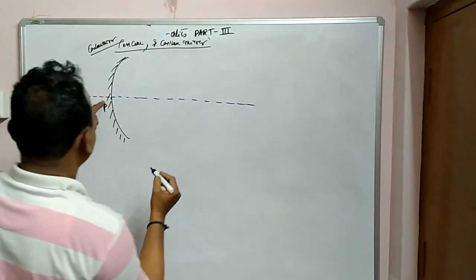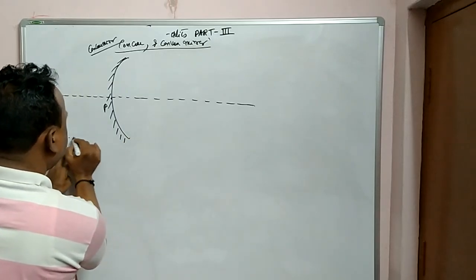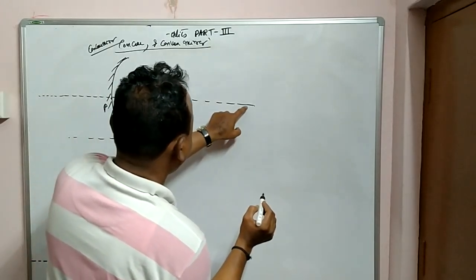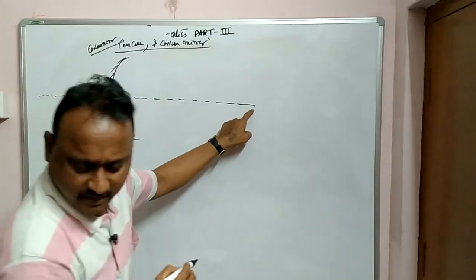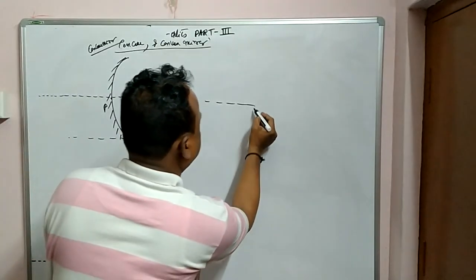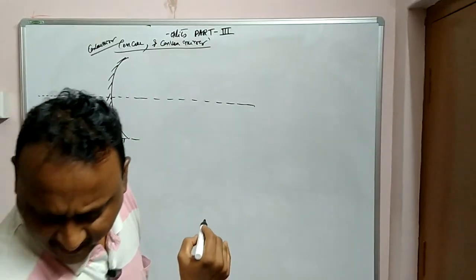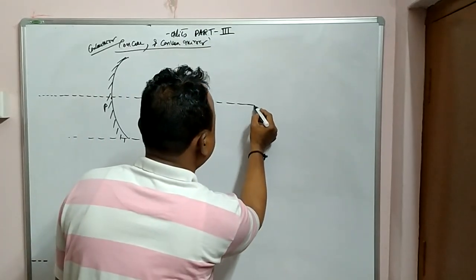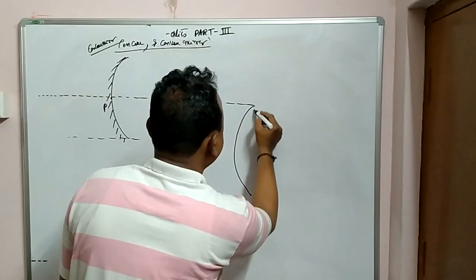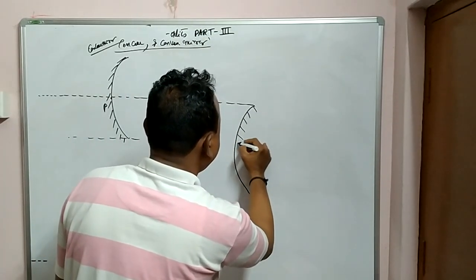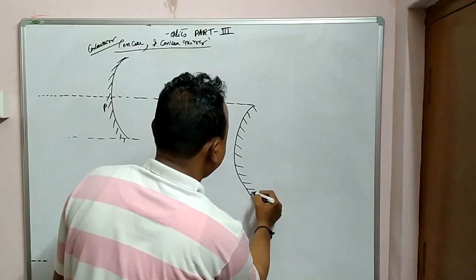Clear? Now exactly, see here, exactly from the center of this one another mirror is placed. Another convex mirror is placed. Please watch carefully. This is a convex mirror, inside it is polished.